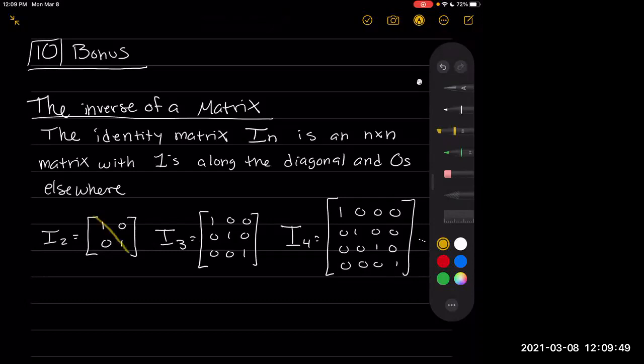Is we have this nice diagonal of the ones. So this kind of works like the number 1 would work if we were working with numbers.